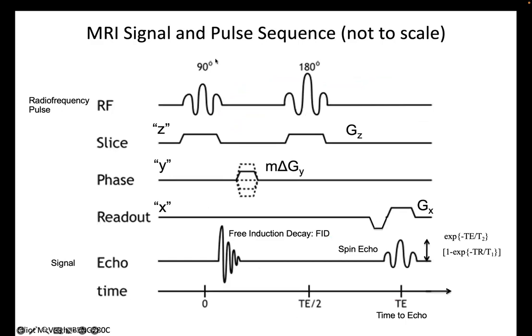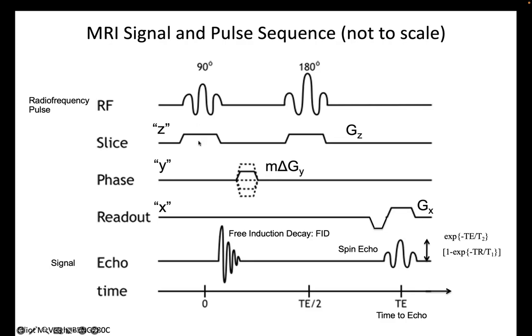So let's look at our first pulse sequence, in which we're going to show the gradients and the RF that we're going to use and our signal. Okay, so here's our radio frequency pulse. We're going to turn on a magnetic field gradient in the Z direction during application of this radio frequency pulse.